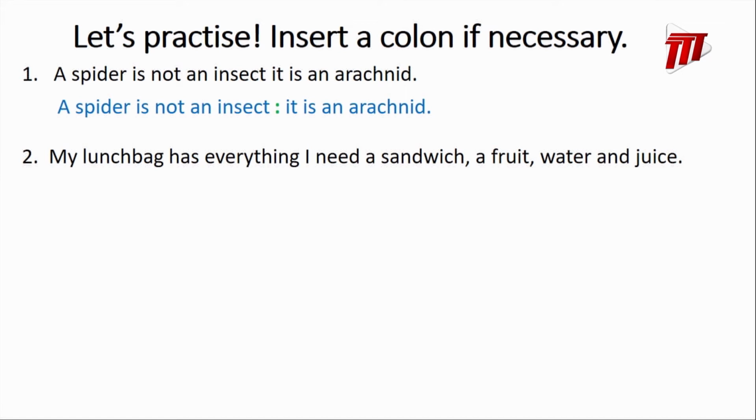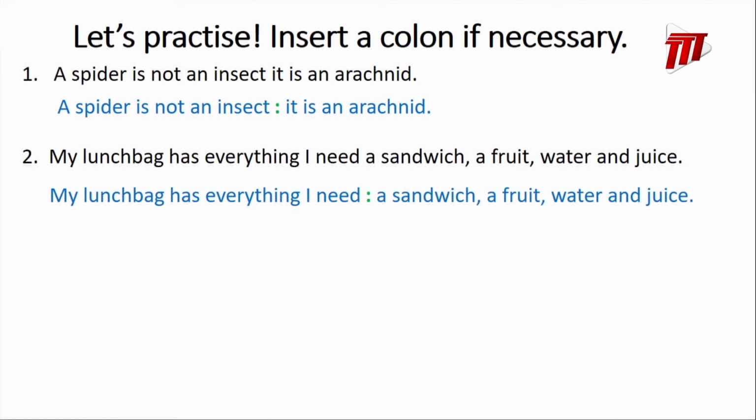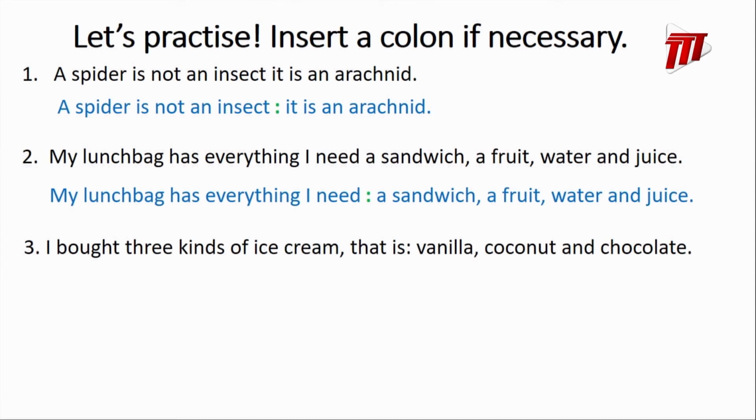Do you know where the colon is going? Have you guessed yet? Right after the word need. Yes, my lunch bag has everything I need: a sandwich, a fruit, water, and juice. I bought 3 kinds of ice cream. That is colon, vanilla, coconut, and chocolate. Are you seeing the error?